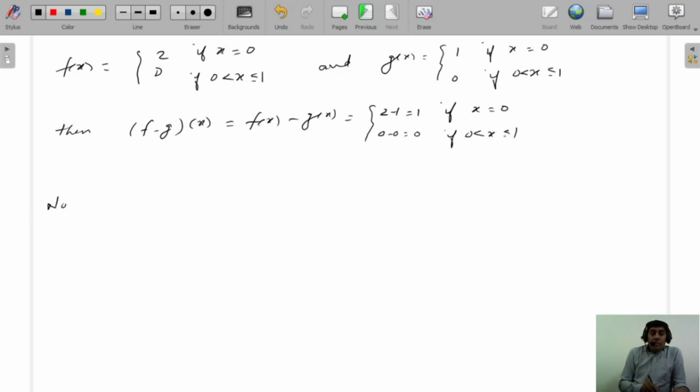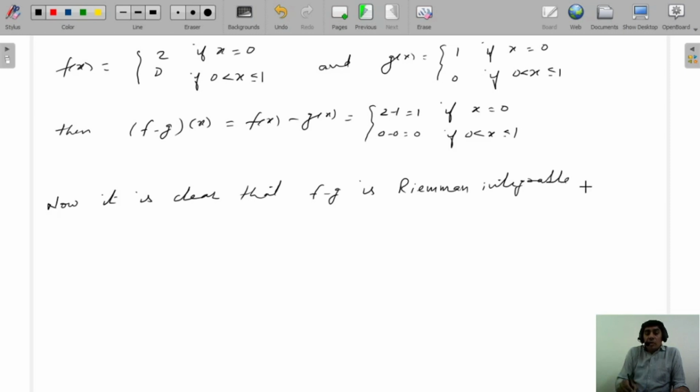Now it is clear that f minus g is Riemann integrable on the closed interval 0 to 1, as x is equal to 0 is the only point of discontinuity.